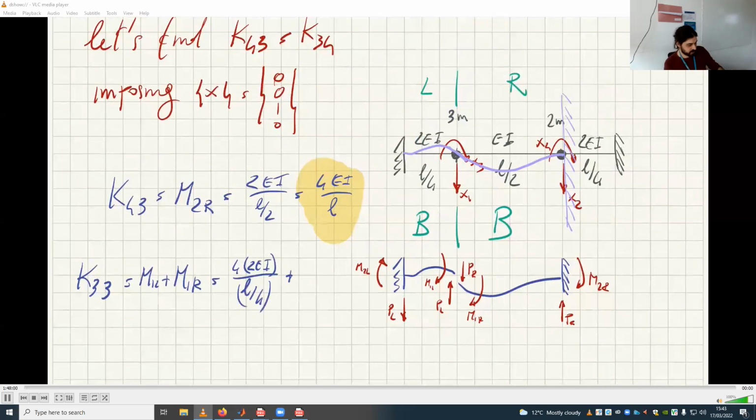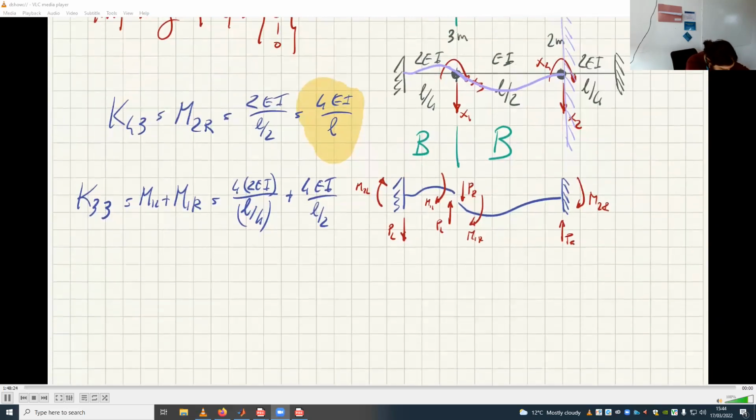Okay, see what I'm doing? I'm using all the things that are on the left. It should be 4EI over L, but EI is 2EI and L is L divided by 4. Plus on the right, we have 4EI over L divided by 2, because on the right I have EI and L divided by 2.